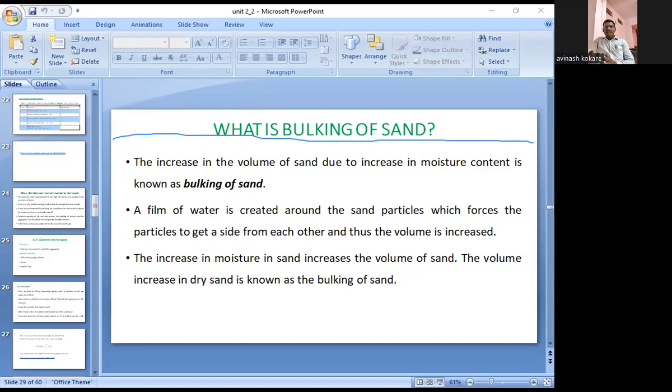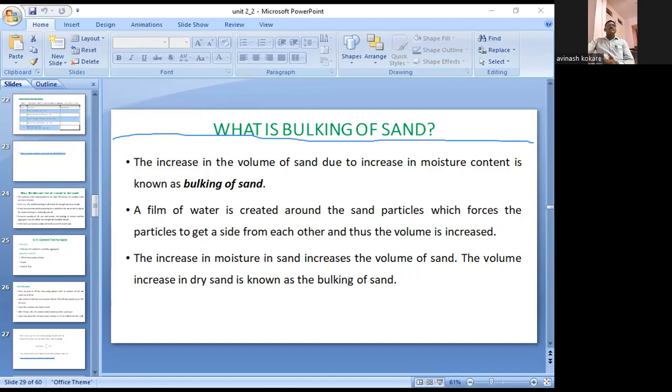The volume of sand increases due to the moisture present in it. Moisture means some silts or some clay present in the sand, so that the volume of sand increases.